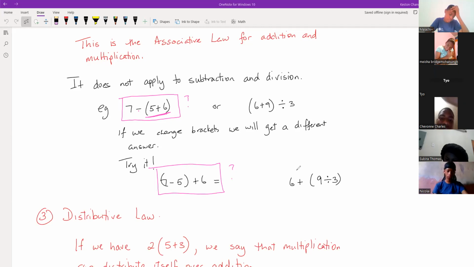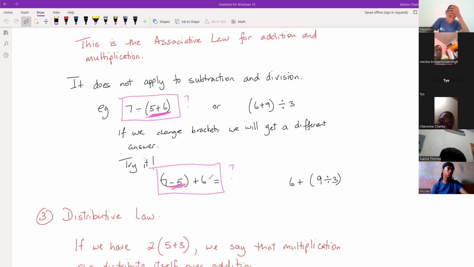Remember, when we work in these, you always do the brackets first. So in this first one here, you want to add your brackets first, and then subtract the answer you get from the brackets from 7. This one, we do the brackets here first and then add the 6.